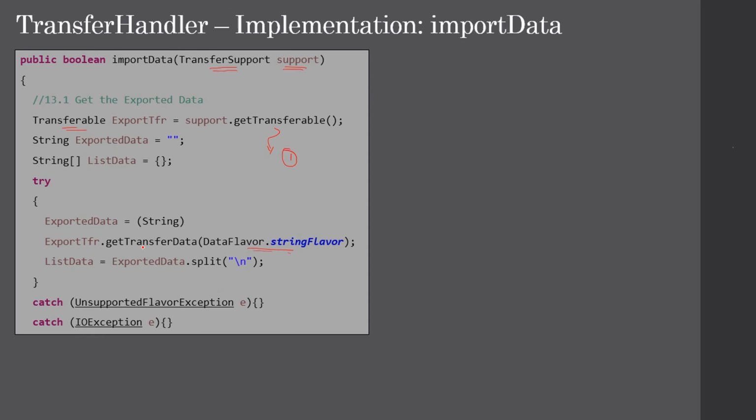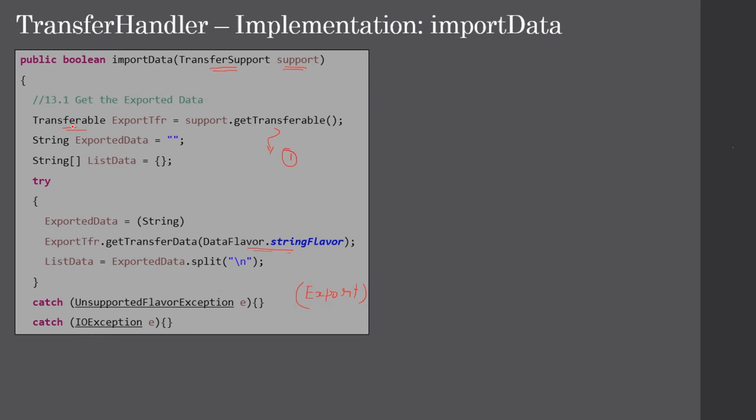If you remember, this is nothing but whatever we created in the previous video as part of the export. We implemented createTransferable, right? In that createTransferable we packed our data into a StringSelection object. That's where here we are retrieving the export transfer. So here we will get the transferable.